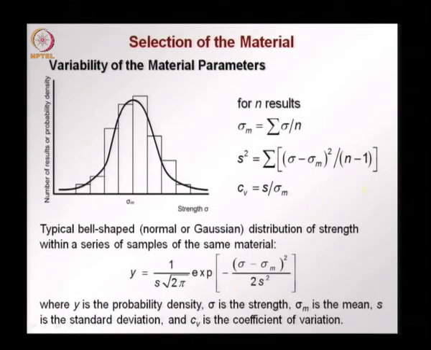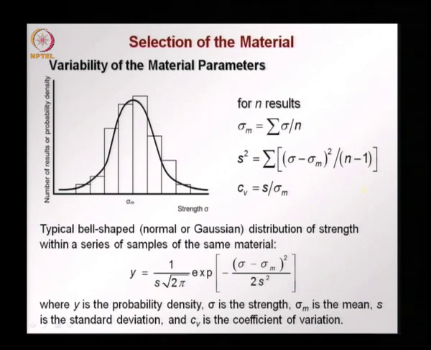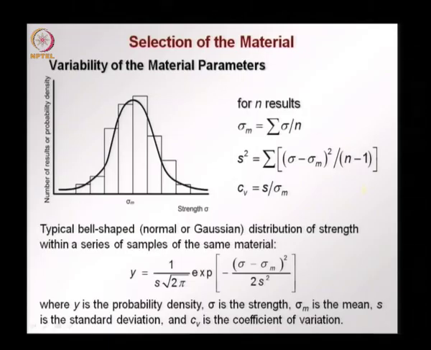Now, when we talk about the variability of the material parameters, I said that when we do a lot of tests on identical specimens of a certain material, we would have different values coming from these tests. In this plot you see on the x axis the strength of the different samples tested, and on the y axis we have the number of results obtained for a certain strength.